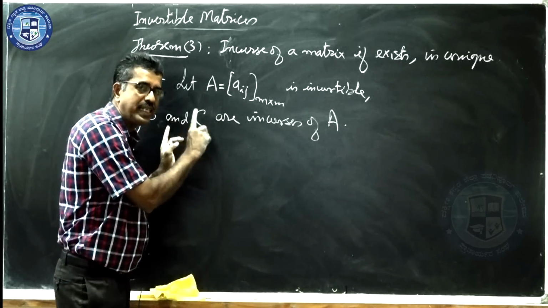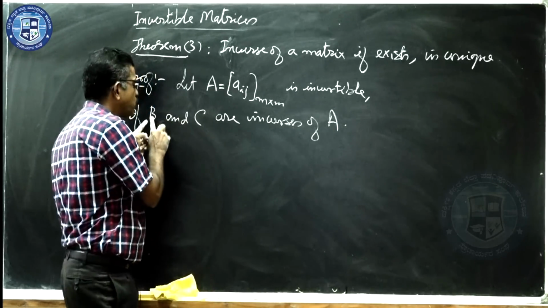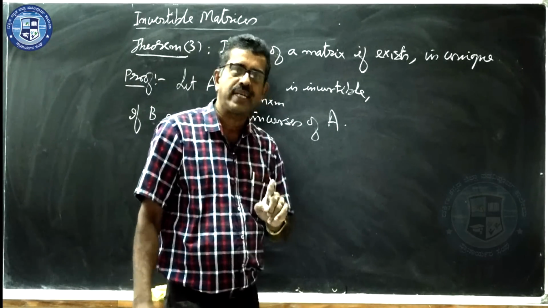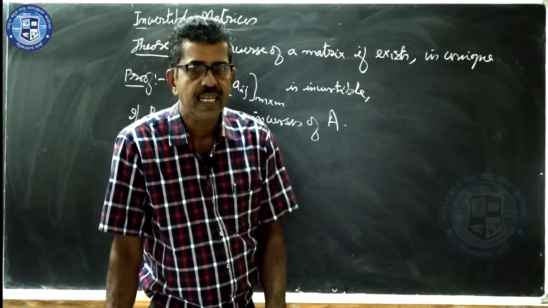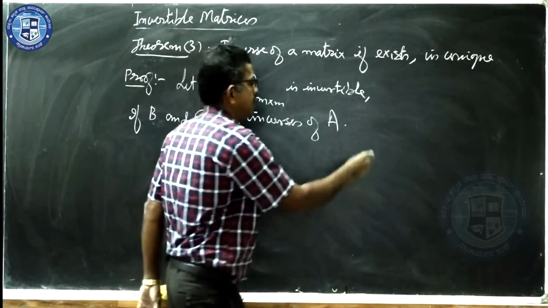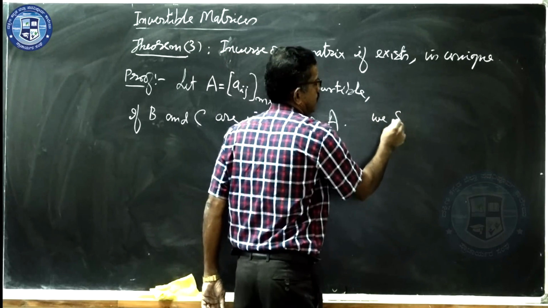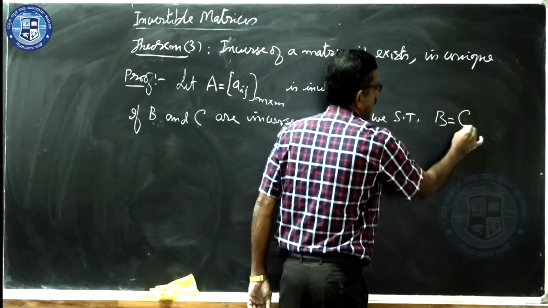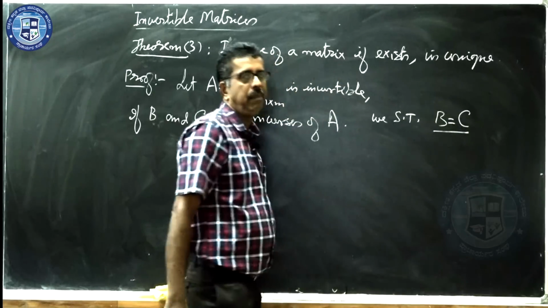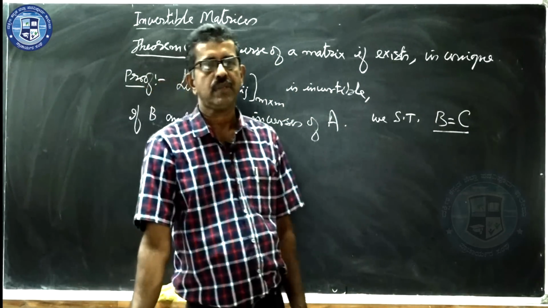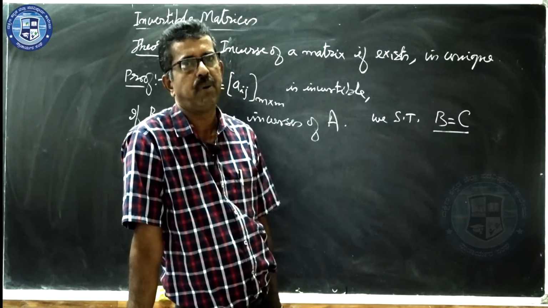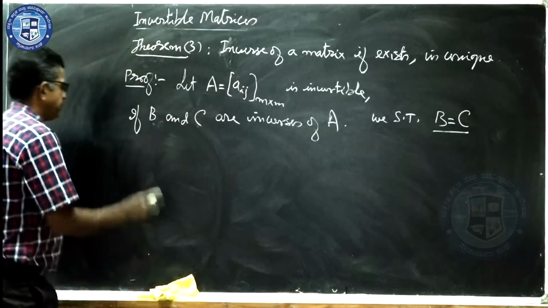You can't have two distinct inverses. If we assume there are two inverses, we have to prove that they are equal, that is, B equals C. I will explain how we can prove that B is equal to C. That's important. Now I will begin.